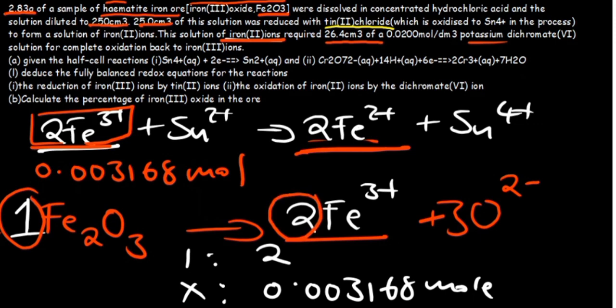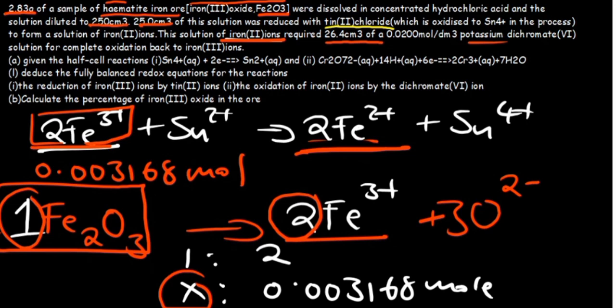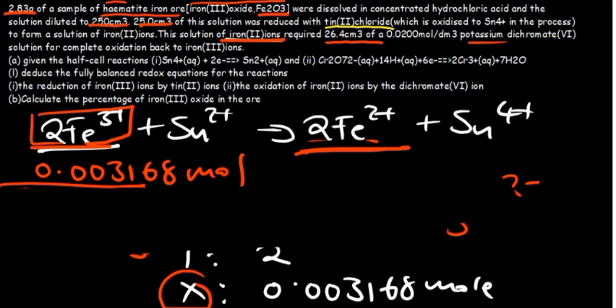So if we add that much, how many moles did we have for the oxide at the start of the experiment? If you cross and multiply, we're going to have 2x being equivalent to 0.003168.